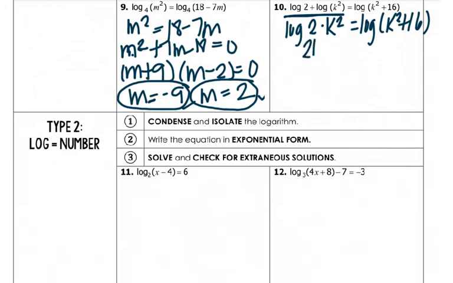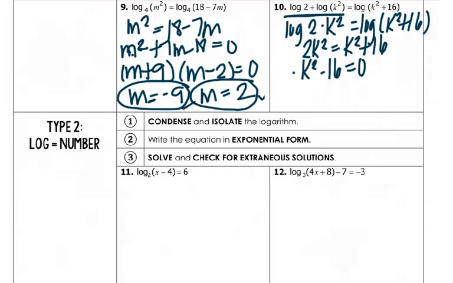So we have 2k squared equals k squared plus 16. All right, so then we move everything to one side, because it is a quadratic, and we're left with k squared minus 16 equals 0, because 2k squared minus k squared is 1k squared. That's where this one comes from.